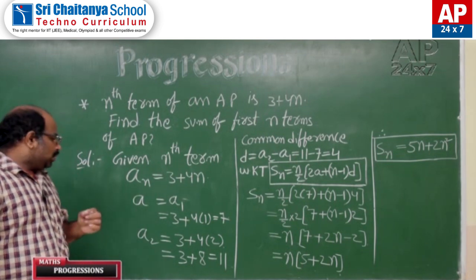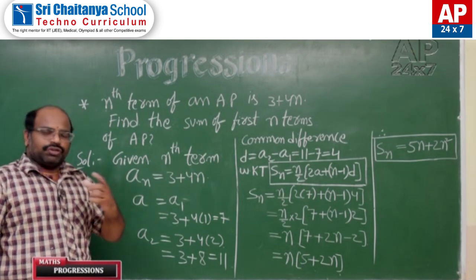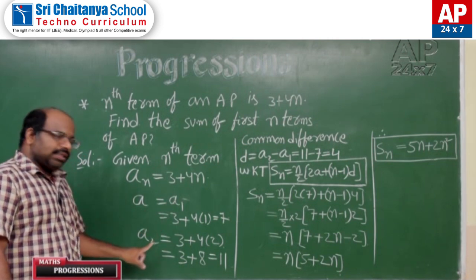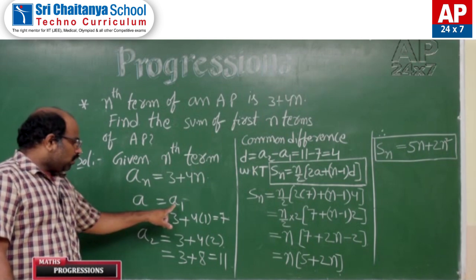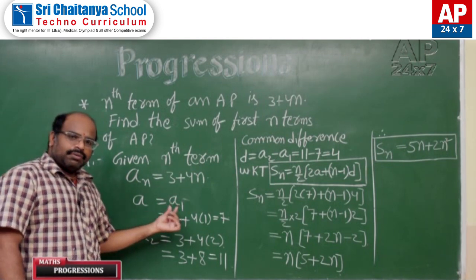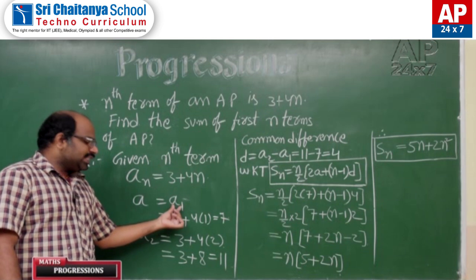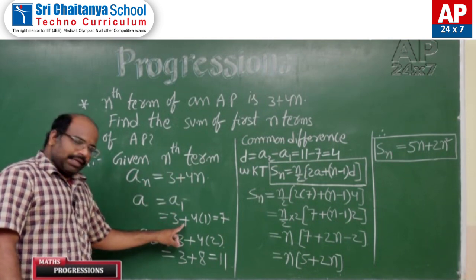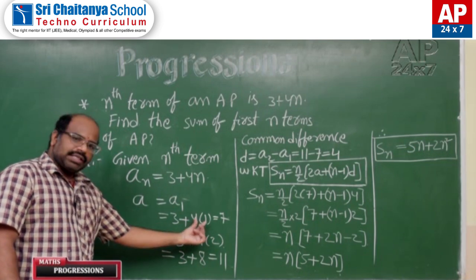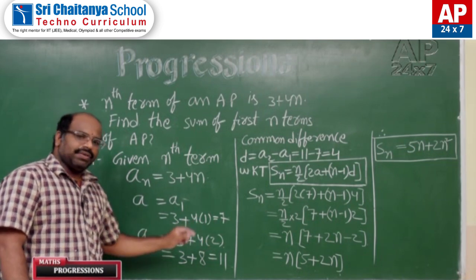Now, we have to calculate a few terms. First term, second term. The first term is nothing but A. So, how to calculate A1? Substituting n is equal to 1 in this equation, which is equal to 3 plus 4 of 1, 4 ones are 4, 4 plus 3 is 7.